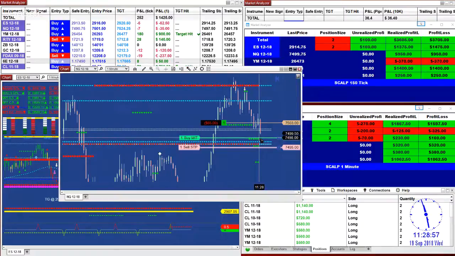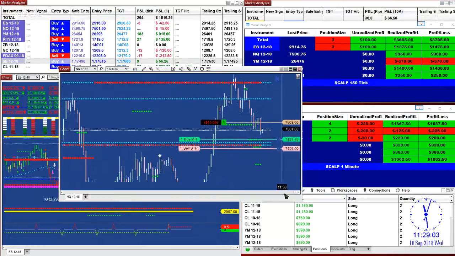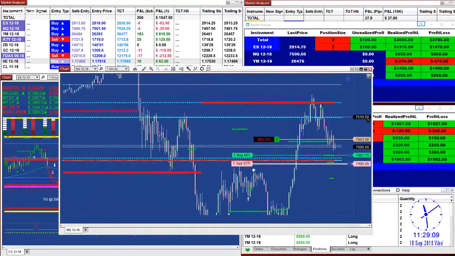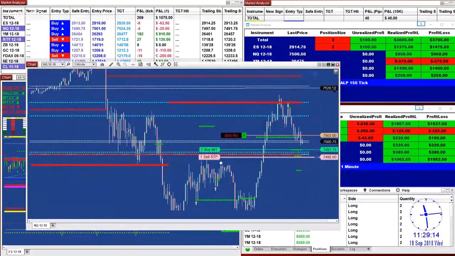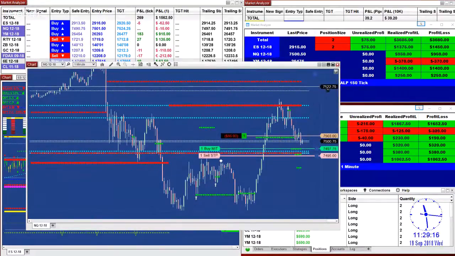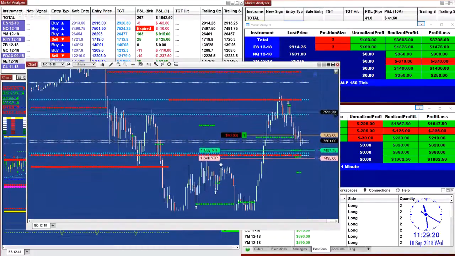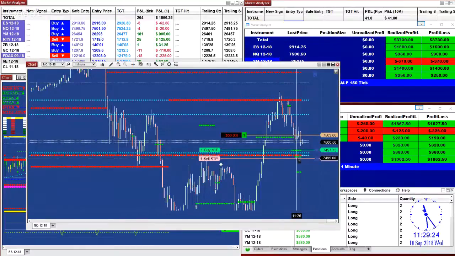then at least, look, we can average the price on those two. So this is for the guys that have more than one contract. Do not enter two contracts in the same spot. This is very nice to do it this way, and then hide your two stop losses behind those lines.